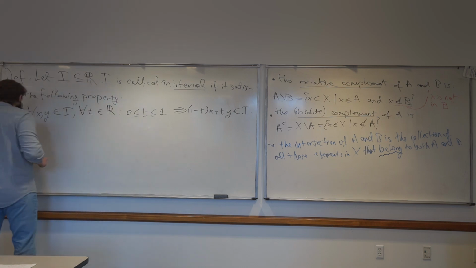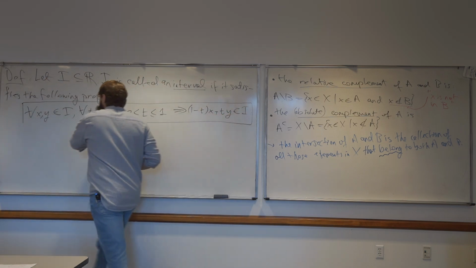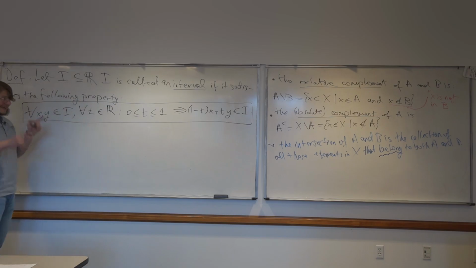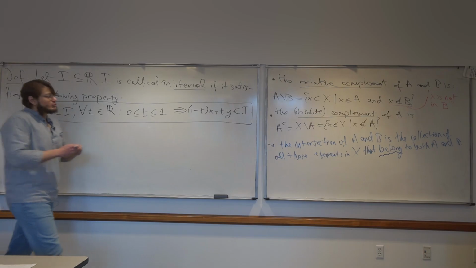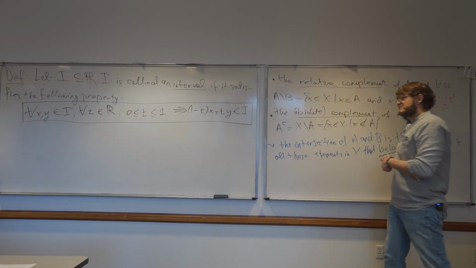And this statement in and of itself is the property that defines I, or that determines whether or not I is an interval. So surprisingly, this statement says something about I.